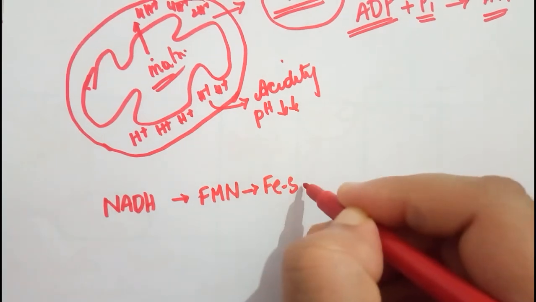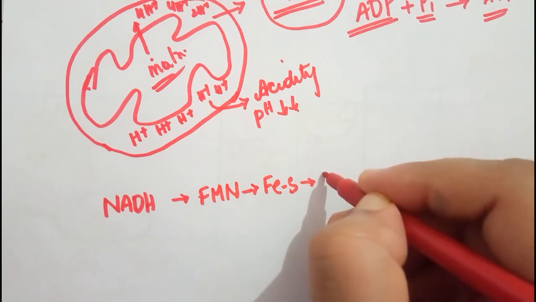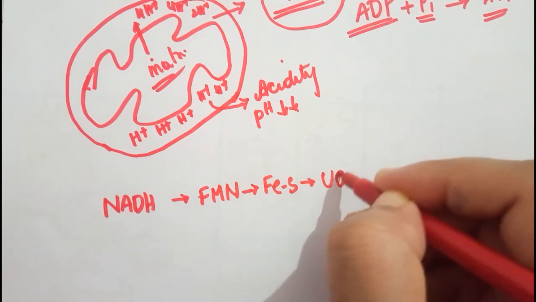From the iron sulfur center it is going to ubiquinone, which I'm writing as UQ.